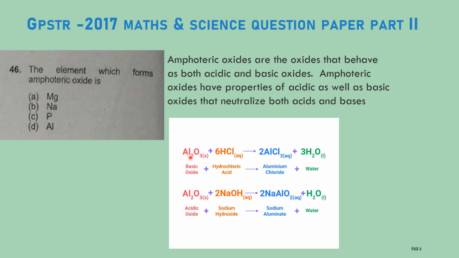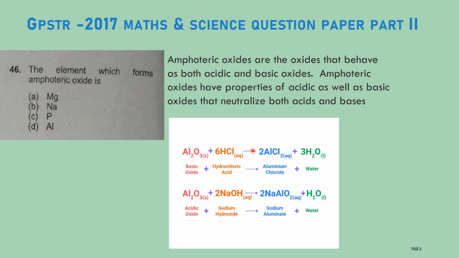Here aluminium oxide reacts with hydrochloric acid, and you will get aluminium chloride and also water. In this case, aluminium oxide behaves as a base, and when a base reacts with an acid you get salt and water. This type of reaction we call a neutralization reaction.